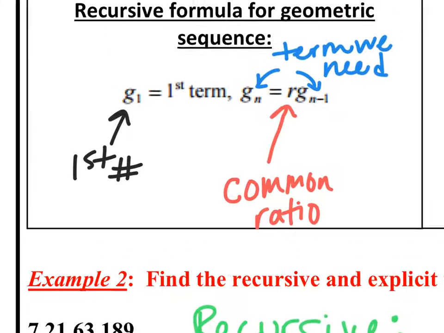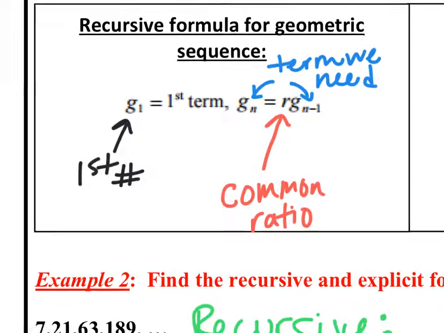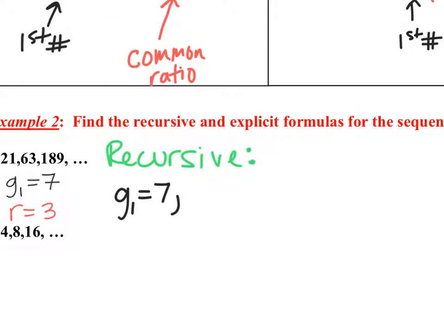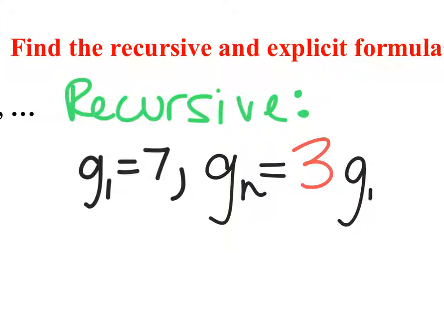Next thing I say is that G subscript N is equal to R times the previous term. So G subscript N is equal to the ratio 3 times G subscript N minus 1. Do we know what N is? Did I ask you to find a specific term? No. So leave it as N.